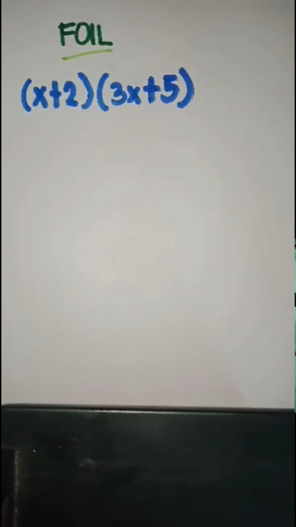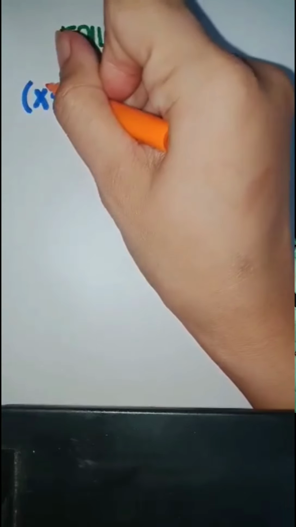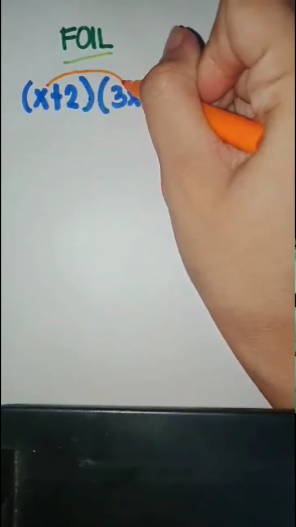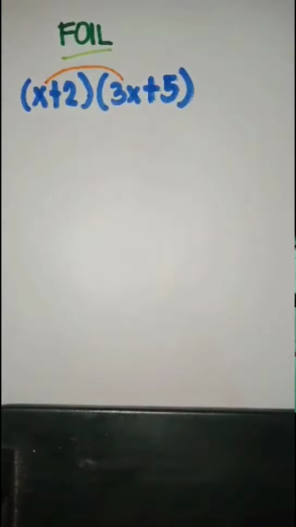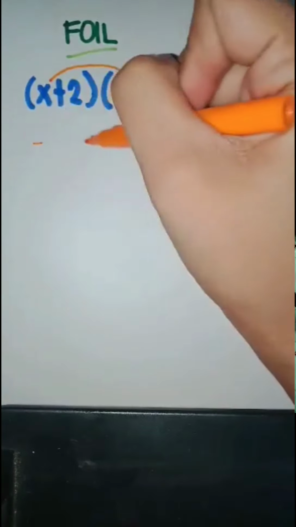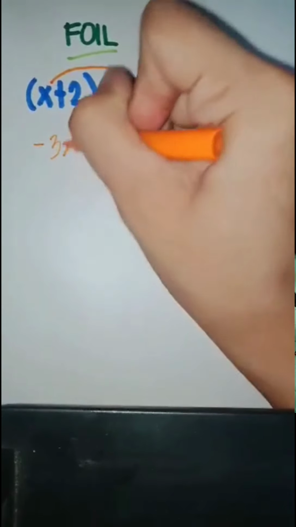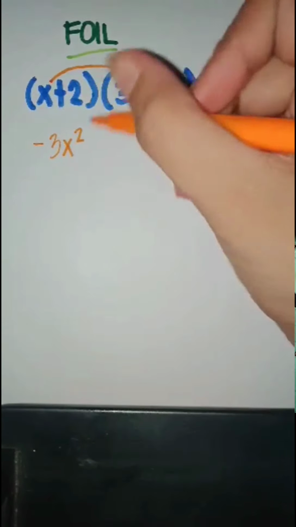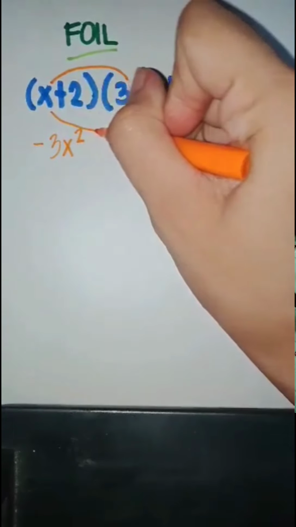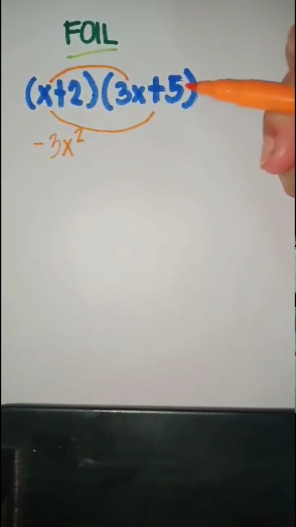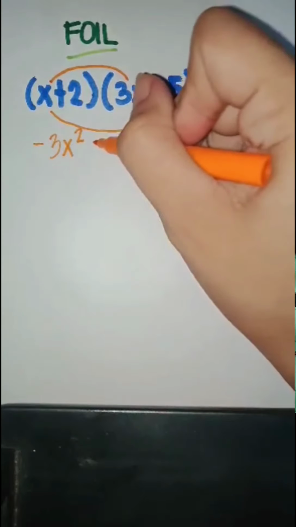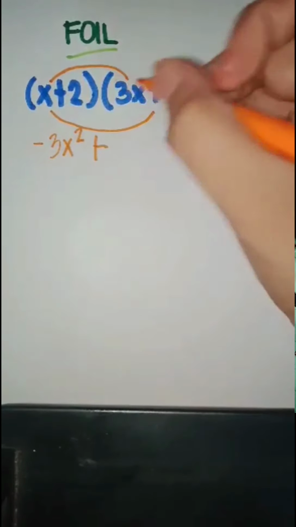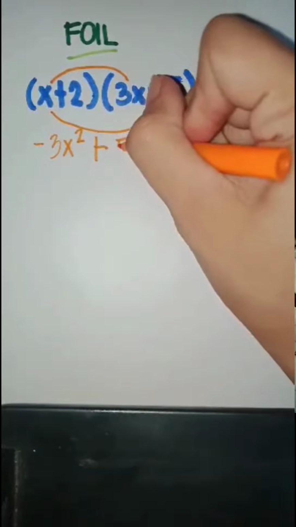The first here is x times 3x, which is the first of FOIL. The solution is 3x squared. The O is outer: x times 5 equals 5x.